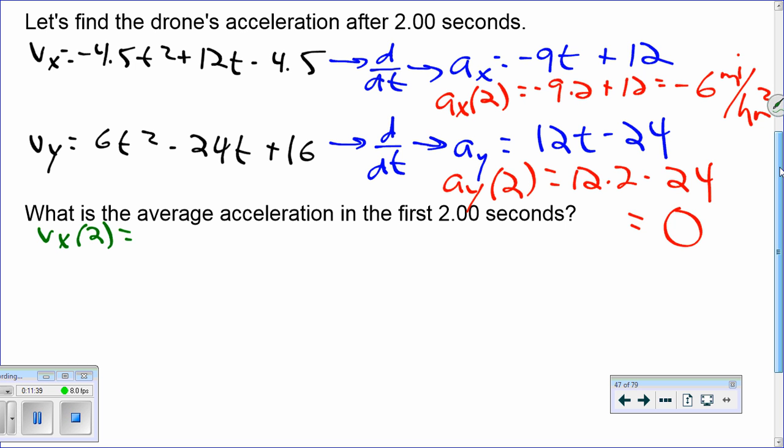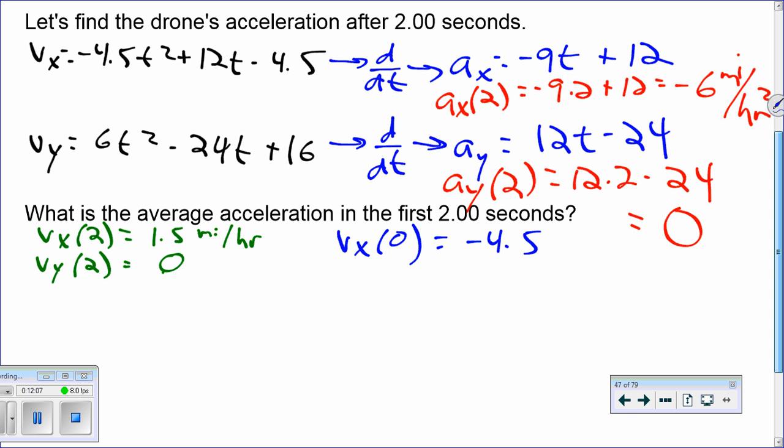Here we go. So this was 1.5 meters a second, and our Vy after 2 seconds was 0 miles per hour. Good? Cool? All right. Now, at 0 seconds, Vx after 0 seconds, that's easy. That's going to be negative 4.5, which is what Justin was trying to say before. Our Vy after 0 seconds is going to be 16 miles per hour.